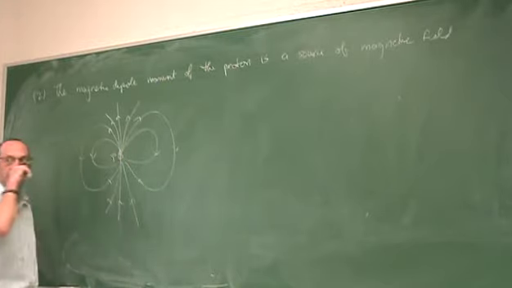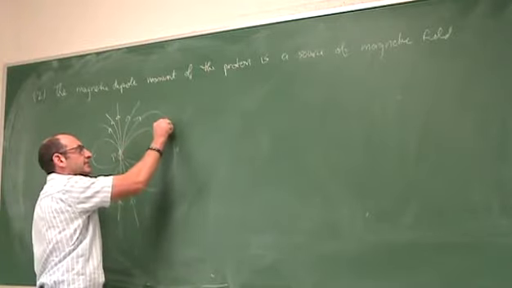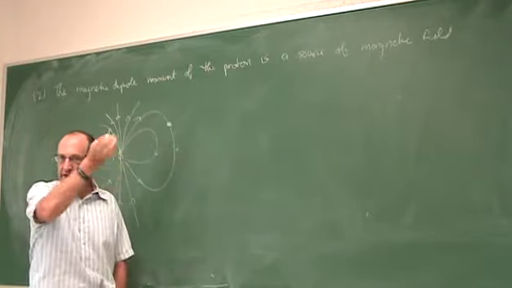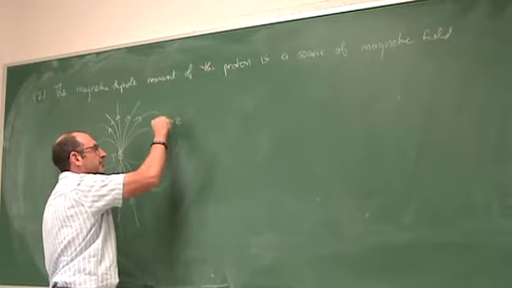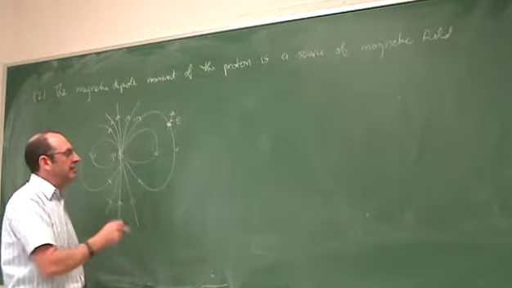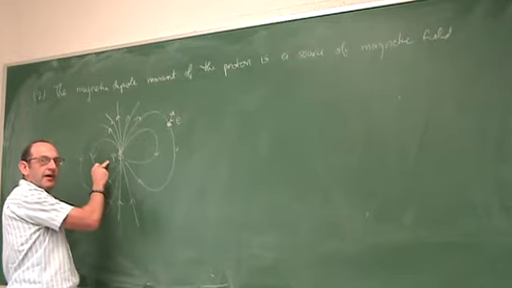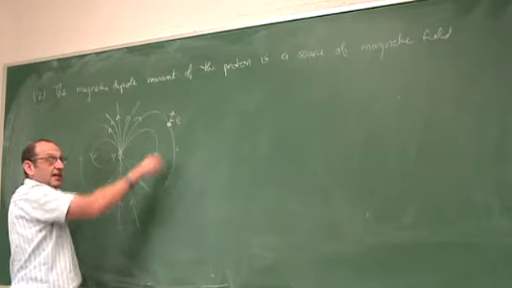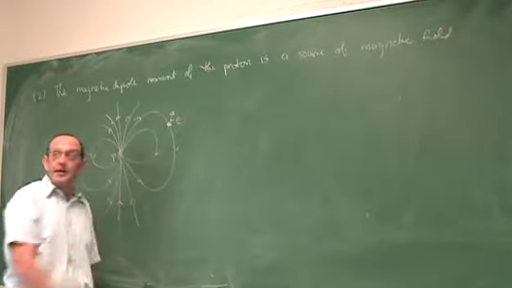Okay, so there's the proton, and the electron is sitting somewhere. Of course, it has a probability distribution of being somewhere, and it's got some spin. So there is an interaction between the magnetic field arising from the proton's spin, interacting with the spin of the electron.